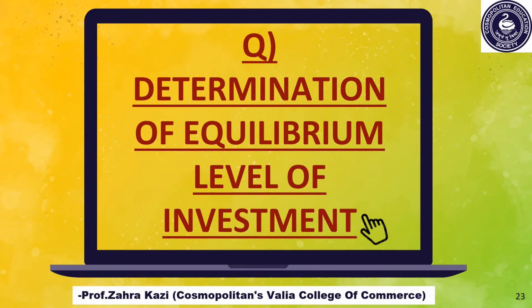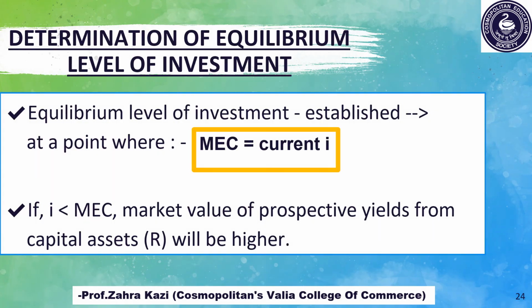The next question in the topic investment function is determination of equilibrium level of investment. We have already studied that the volume of investment is determined by MEC and the rate of interest. As long as MEC is higher than the rate of interest, investment will continue to be made.